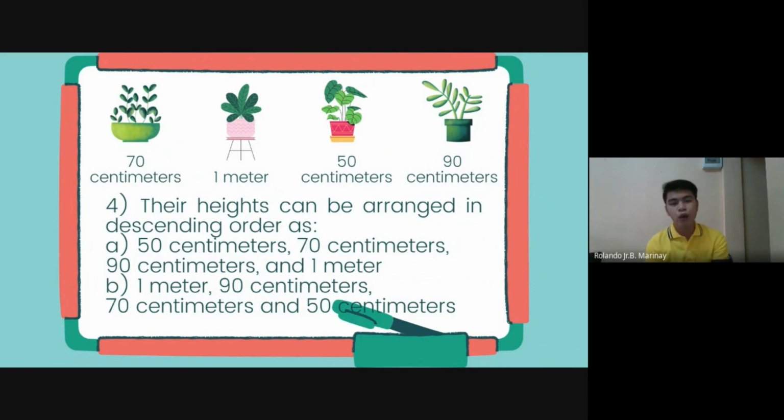Is it A, 50, 70, 90 centimeters, and 1 meter, or B, 1 meter, 90 centimeters, 70 centimeters, and 50 centimeters? So what do you think is the correct answer? Again, you will decide on it, okay?